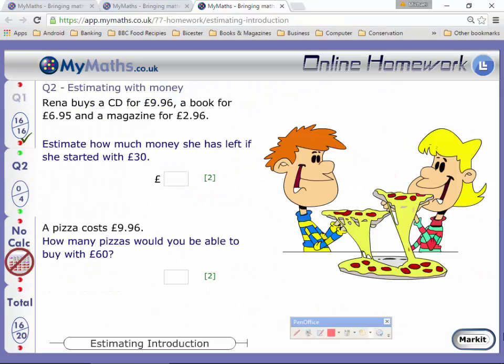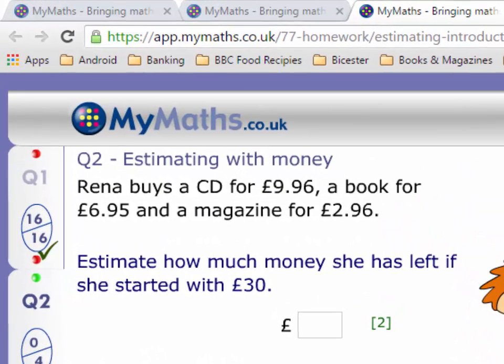Now for question 2. Okay, the second question in the estimating questions is estimating with money. Now we're told that Rena buys a CD for £9.96, a book for £6.95, and a magazine for £2.96. We're going to estimate how much money she's got left out of £30 if she buys that lot.